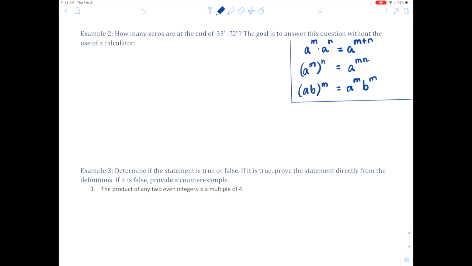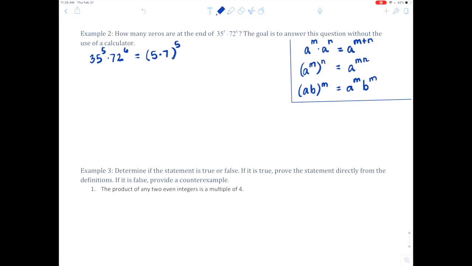And let's check it out. So here we go. 35 to the 5th times 72 to the 6th. So the prime factorization of 35 is what? This is going to equal the quantity 5 times 7 raised to the 5th.